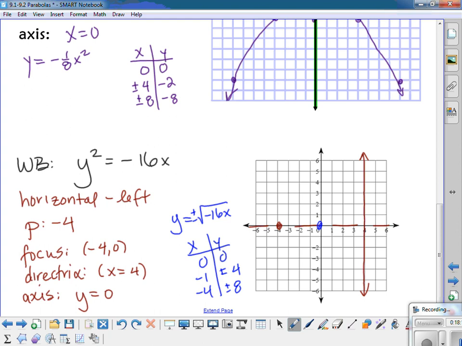So plotting those points. Yeah, my 8's not quite going to fit on here, but so that's what you guys end up with for your parabola. Okay. Questions?